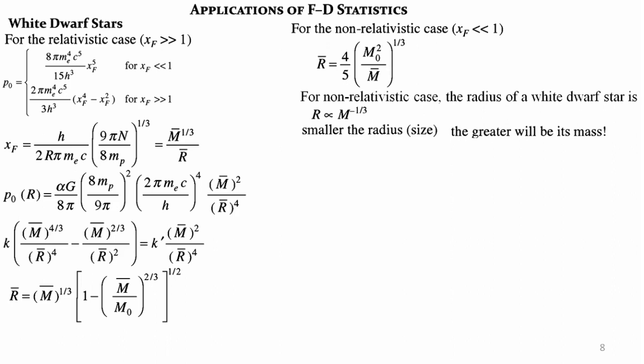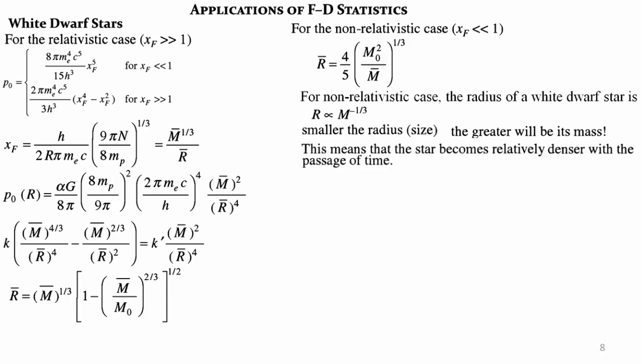This is something really strange, something which we should notice carefully. Smaller the radius, greater will be the mass. It means that if a star is shrinking down, it depends upon what the star is and how much mass it contains. Accordingly, it will have a smaller radius.